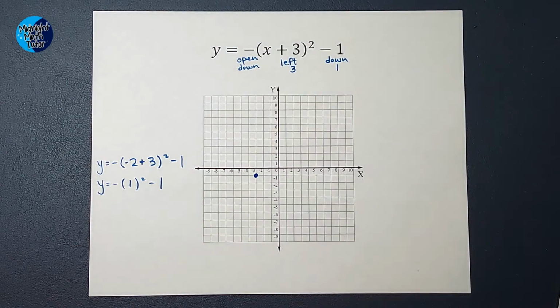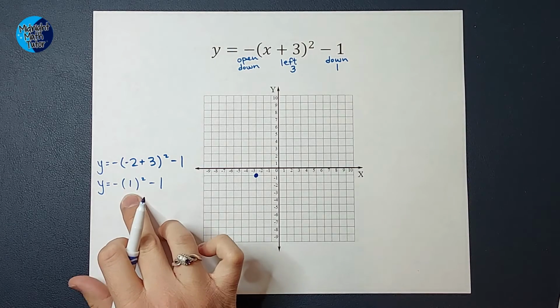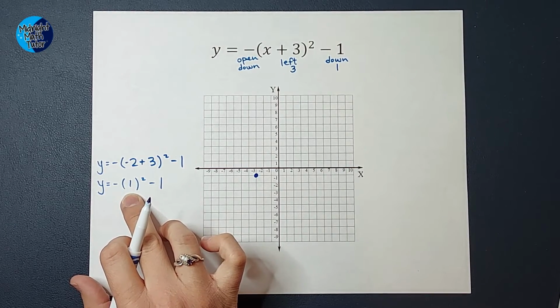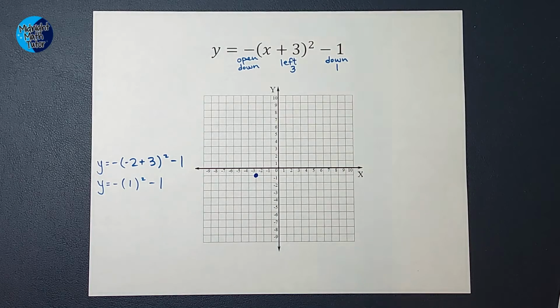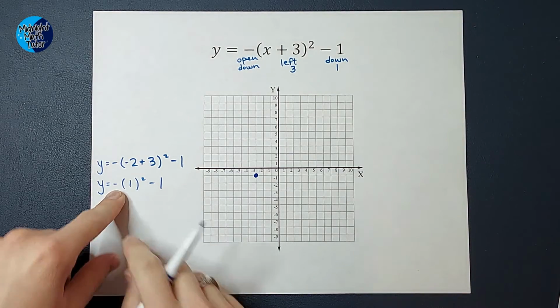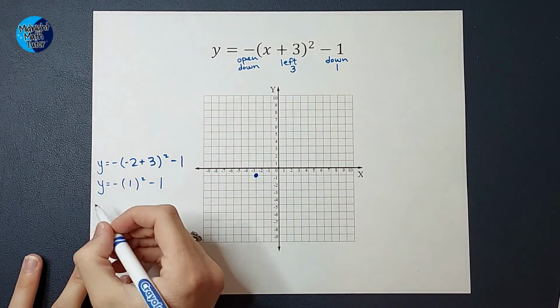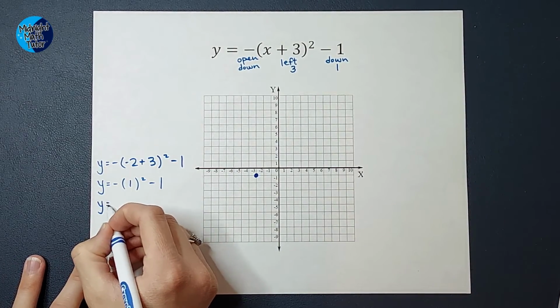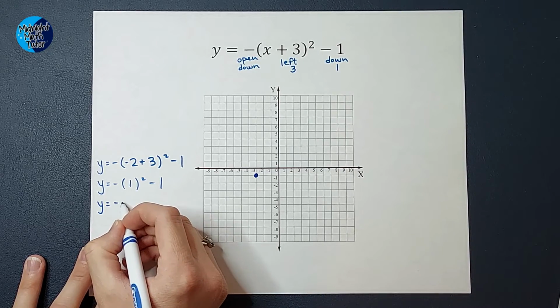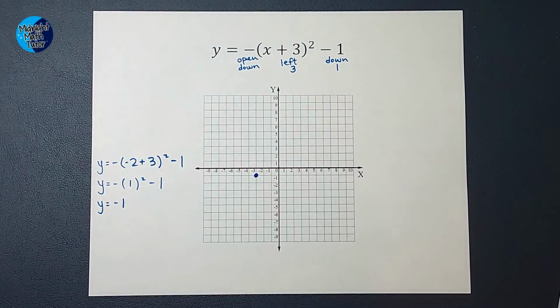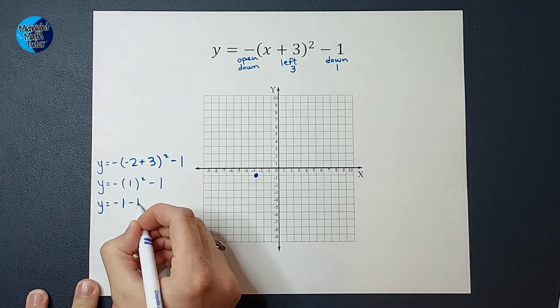This is where squares can get kind of funny because you wonder, is that negative being squared? The squared applies to what is inside the parentheses. So it's 1 squared, which is 1, and then we still have the negative on the outside. When I simplify that, it ends up being -1, and then we've still got -1.